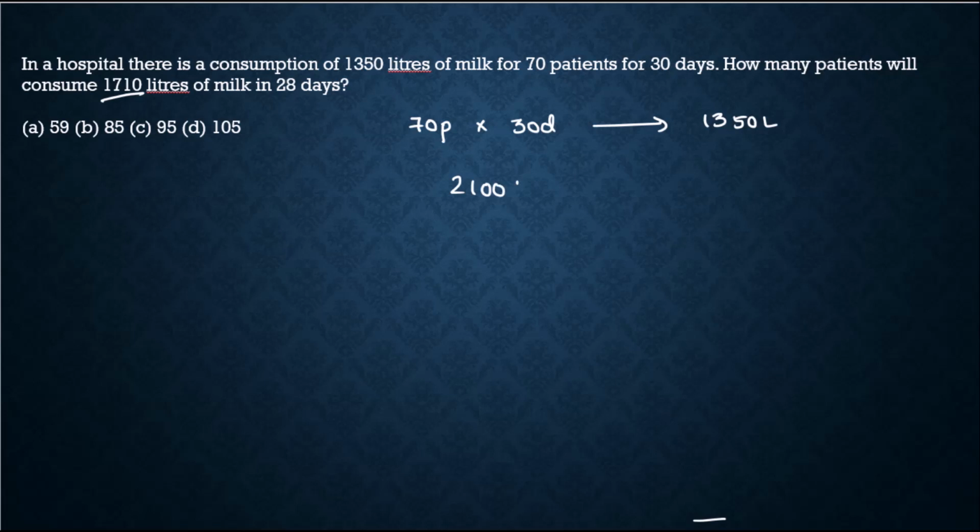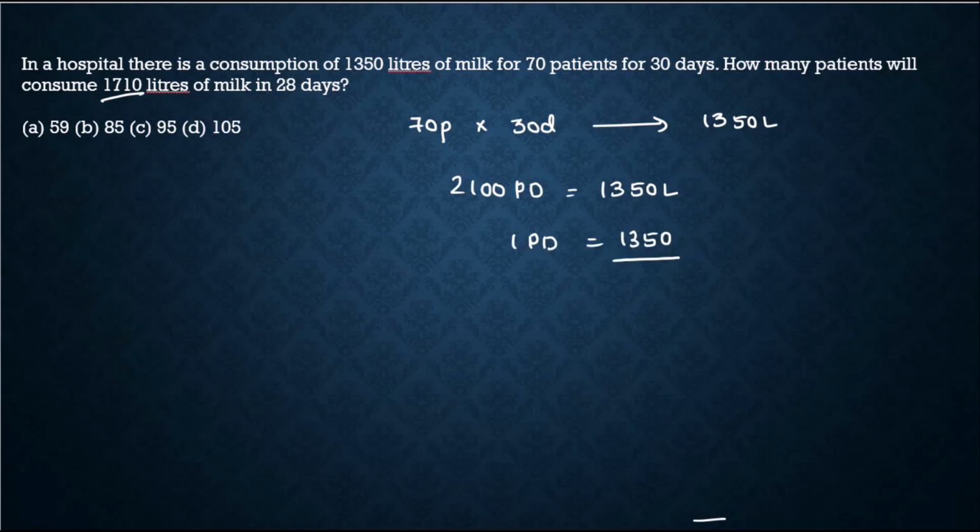That means for 2,100 patient days, because 70 patients for 30 days, 2,100 patient days, it requires 1,350 liters of milk.